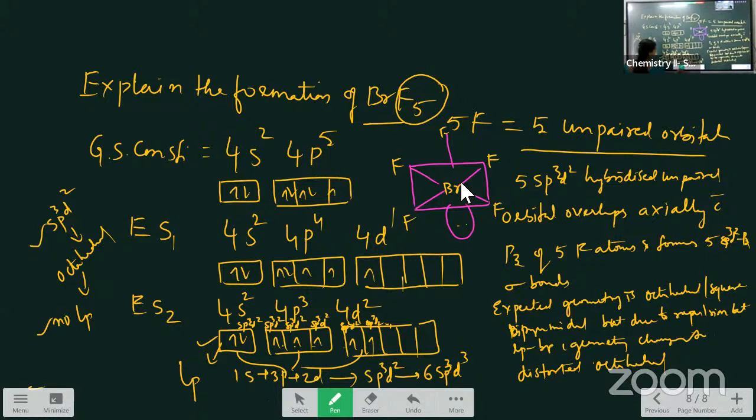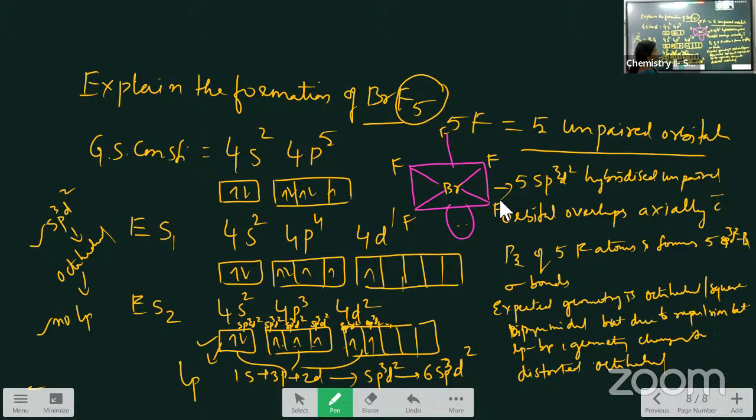Okay, so now 1 s orbital, 3 p orbitals, 2 d orbitals undergo sp3d2 hybridization and gives 6 sp3d2 hybridized orbitals. Now out of 6, 1 sp3d2 contains lone pair of electrons. 5 sp3d2 hybridized unpaired orbitals overlaps axially with pz of 5 F atoms and forms 5 sp3d2-pz sigma bonds. Expected geometry is octahedral. दूसरा नाम octahedral का क्या है?